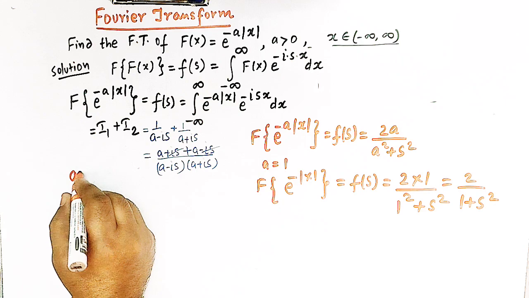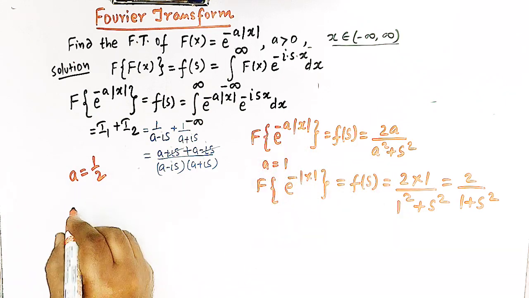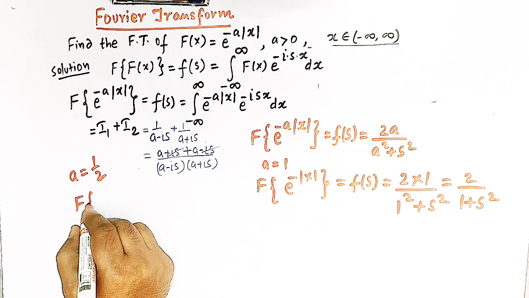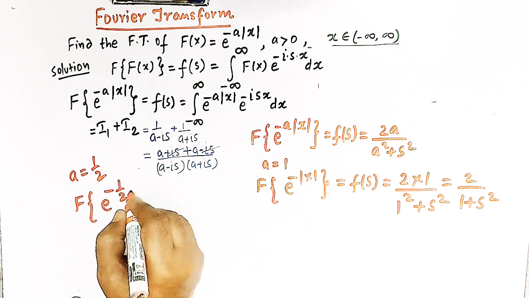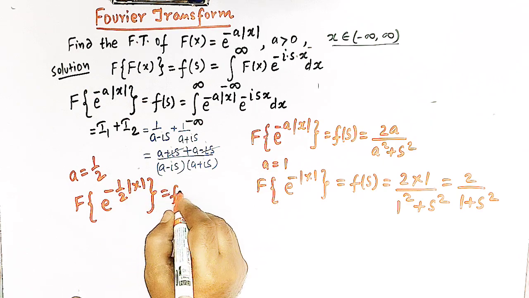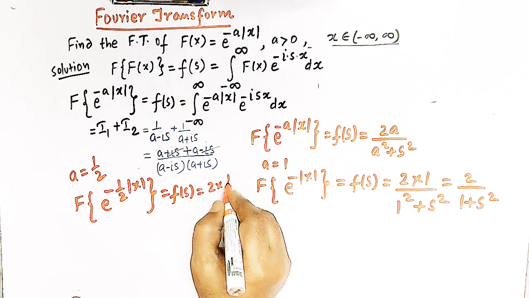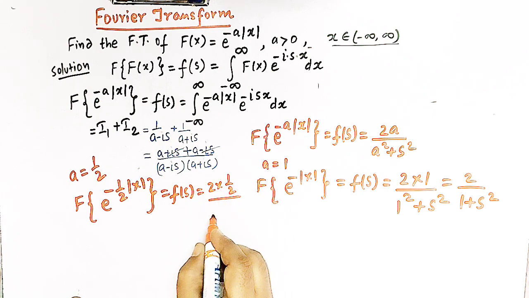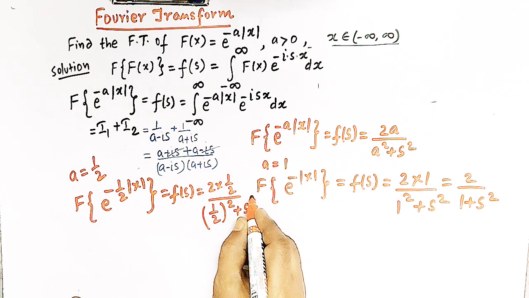Similarly, if we take a equal to half in this result, then the Fourier transform of the function e raised to minus half mod of x is given by f of s, that is equal to 2 times 1 over 2 divided by half square plus s square.